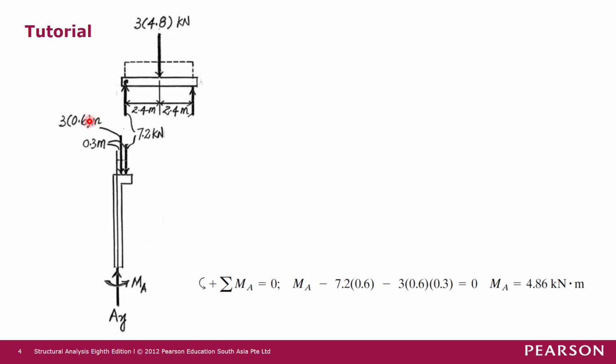There's a mistake in this diagram here, so this should be taken as kilonewton. The force arising from the uniformly distributed load is 3 times 0.6, which is 1.8 kilonewton.